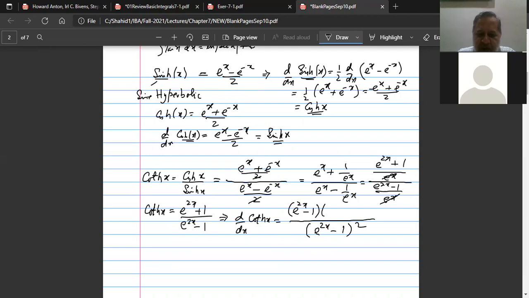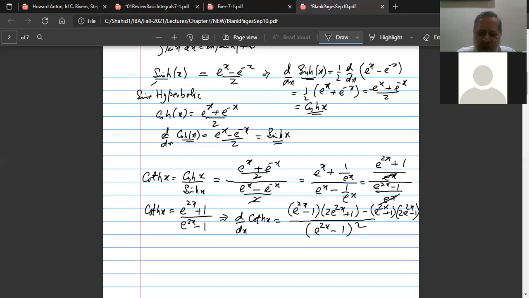The derivative of the numerator is 2e^(2x), times (e^(2x) + 1) minus... In u upon v, now the numerator remains as it is, and the derivative of the denominator has to be written with 2e^(2x) times (e^(2x) − 1).